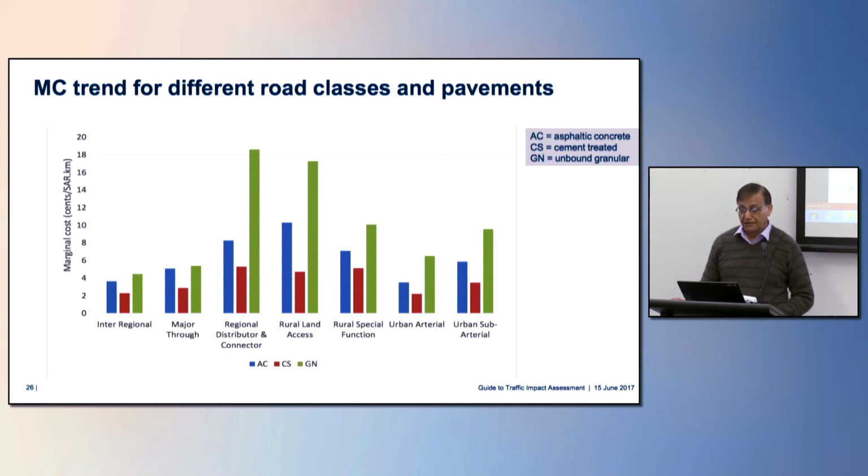As you can see, the higher effect is on the relatively regional distribution connector roads and the rural land access, and the graph also shows the various impact in terms of the different material type, asphalt concrete or cement stabilized or the granular material pavement.